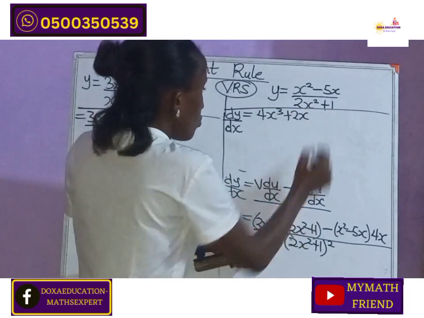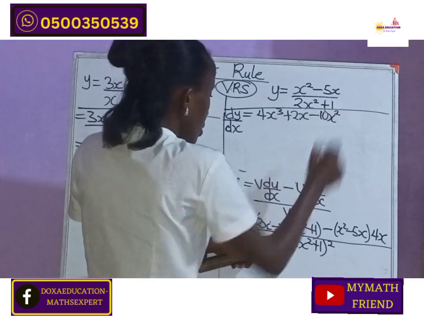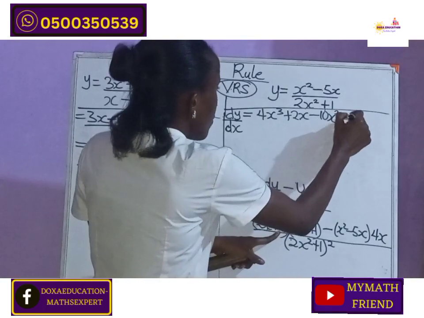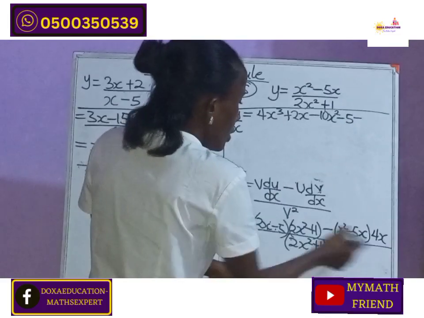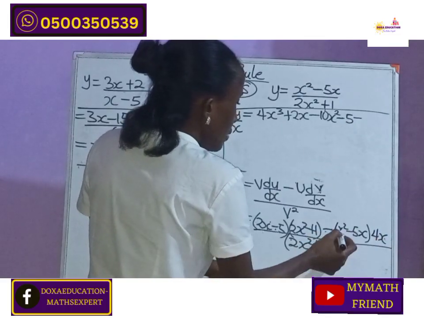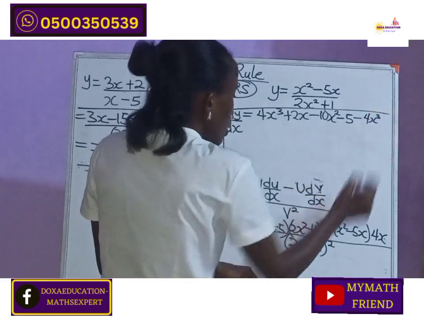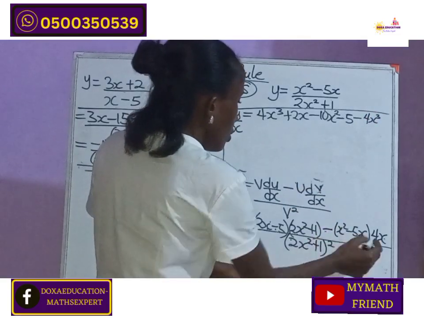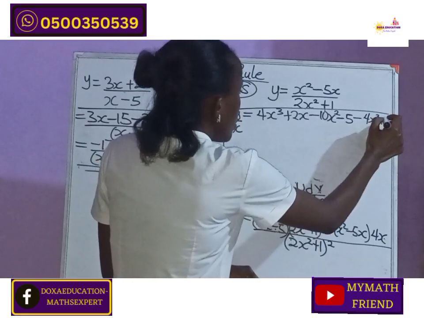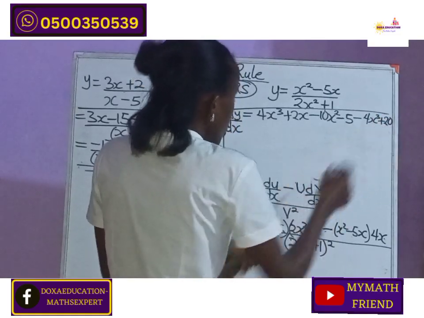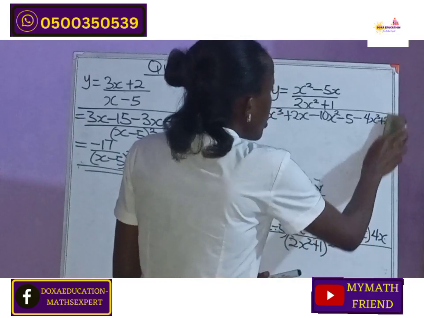And minus 5 times 2x squared is minus 10x squared. Minus 5 times 1 is minus 5. And here you have minus 4x, minus 4x times x squared is minus 4x cubed. Then minus 4x times minus 5x is positive what? Positive 20x squared.